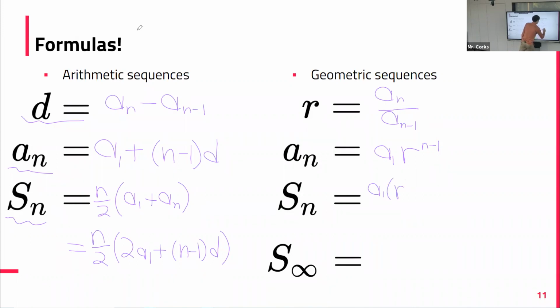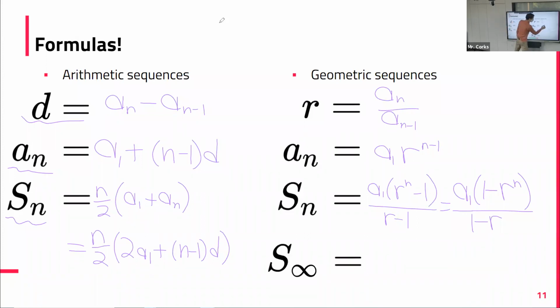So r to the exponent n minus 1, over r minus 1 here. And then our other version of this, a1 times 1 minus r to the exponent n, over 1 minus r.